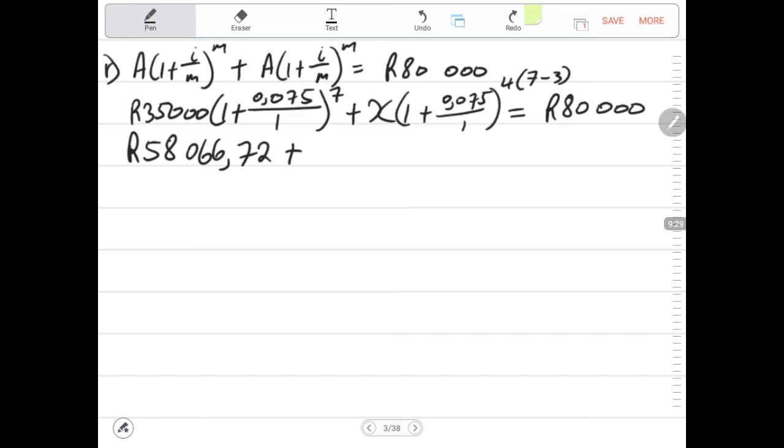Then we say equal. This gives us 1.335469141.